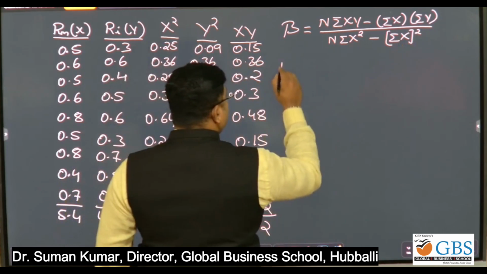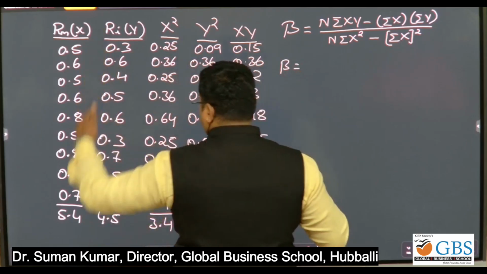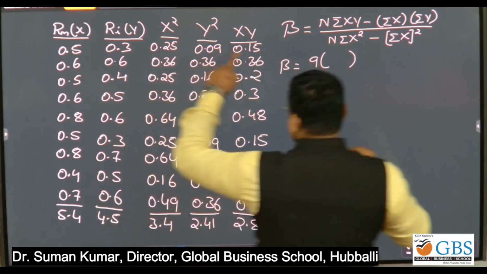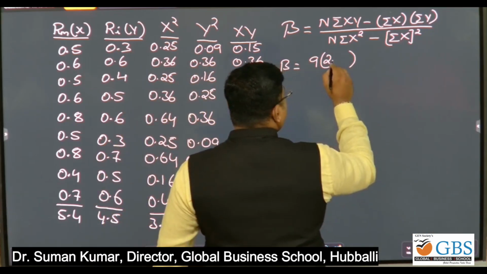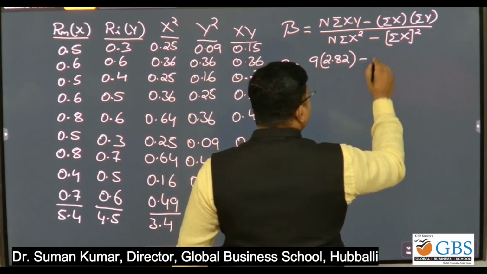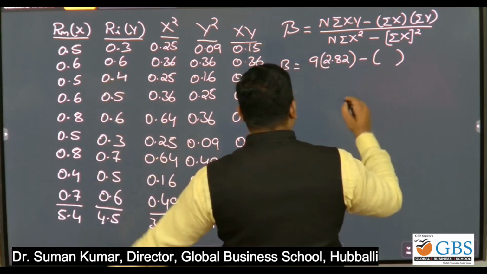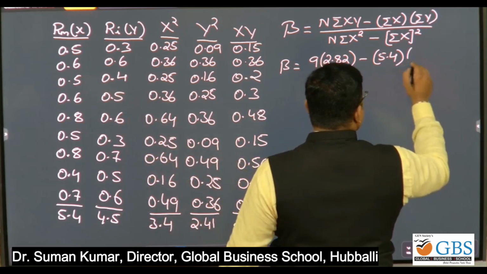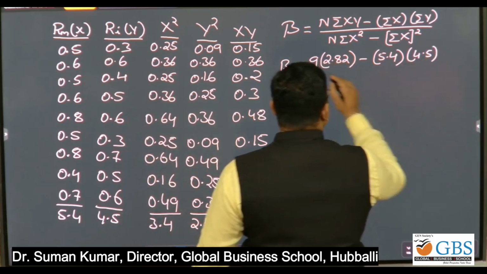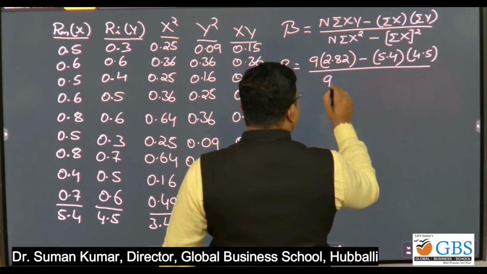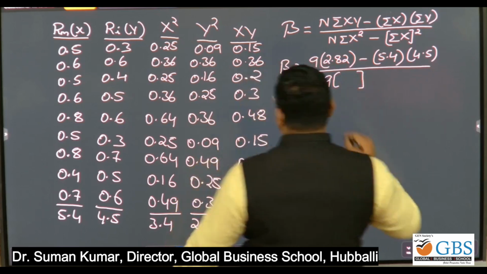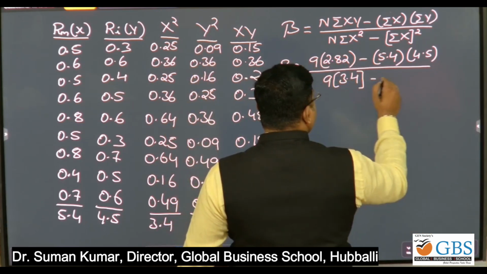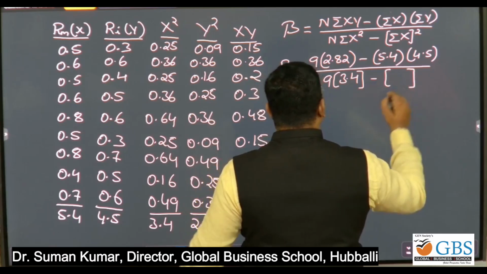So beta is equal to n, the number of items, 9, summation xy is 2.82 minus summation x 5.4 into summation y 4.5, whole divided by 9 into summation x square is 3.4 minus summation x whole square.